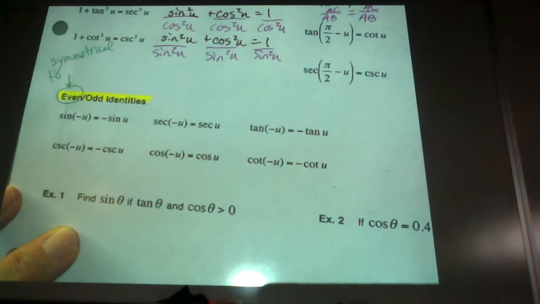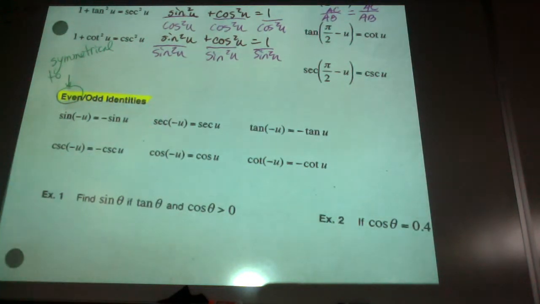An even function is to what degree? Second or fourth or sixth, and what do you know about end behavior for even functions? They go in the same direction, right? So even functions are symmetrical to the y-axis, right?